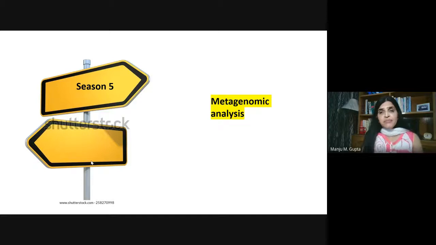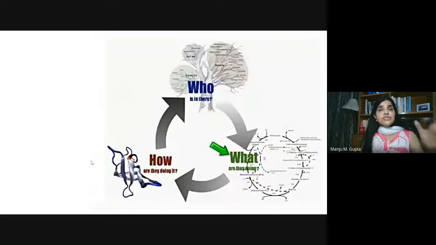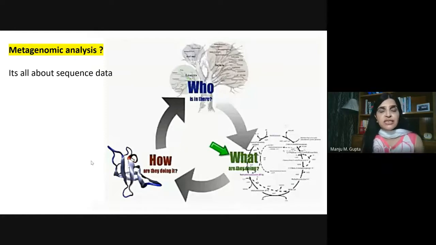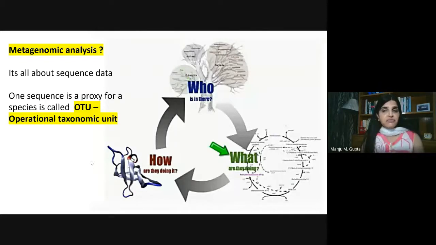So the next season began, and I was determined to know, by metagenomic analysis in my rhizosphere, who all is present along with my fungi, what they are doing there, meaning how they are interacting with each other, what the cycle in the interaction is, what enzymes are involved, and what the structure of these enzymes is. So I was trying to answer these 3 questions by metagenome analysis of the rhizosphere microflora.